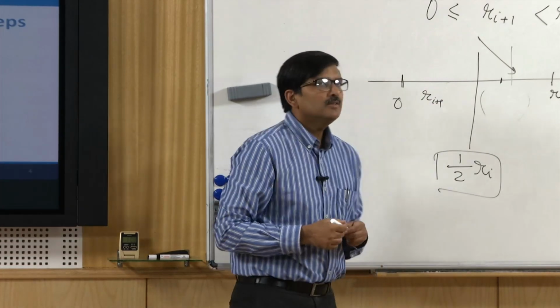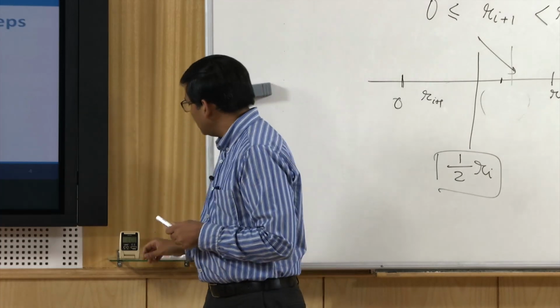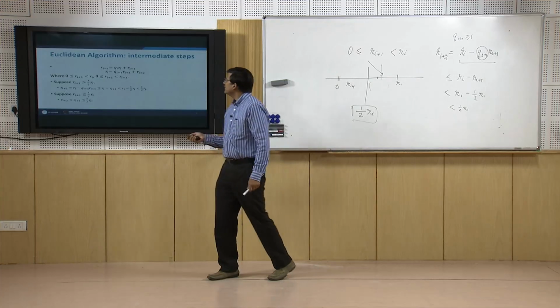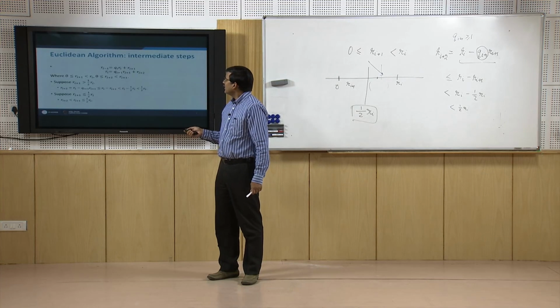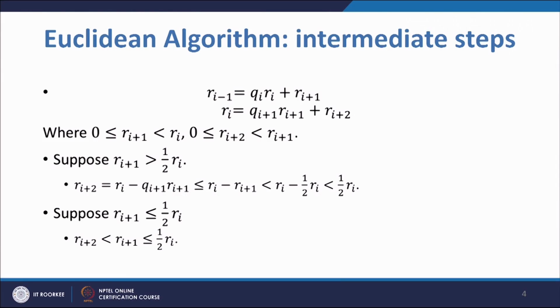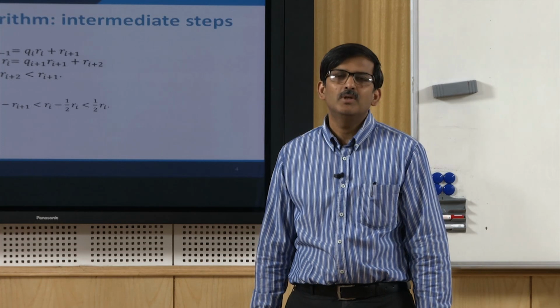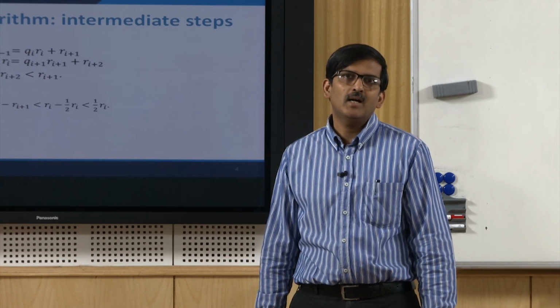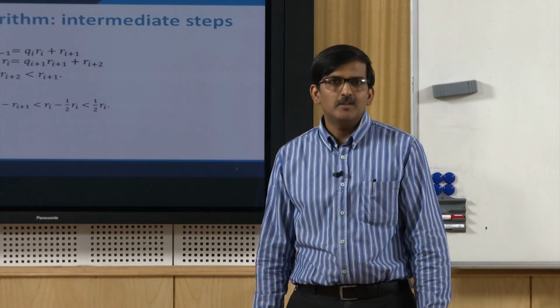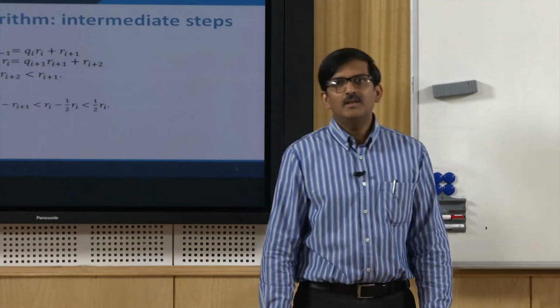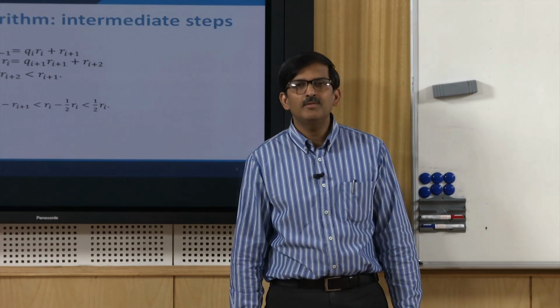If Ri plus 1 is on this side, the argument is somewhat easier. We already know that Ri plus 2 is strictly less than Ri plus 1, and we are being told that this is less than or equal to half of Ri. So, combining these two things, we have the same result, that Ri plus 2 is strictly less than 1/2 of Ri.